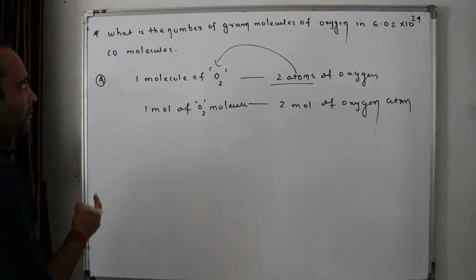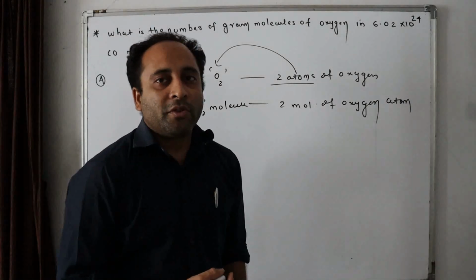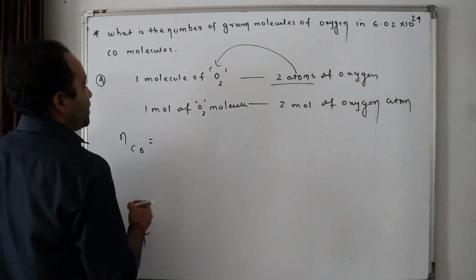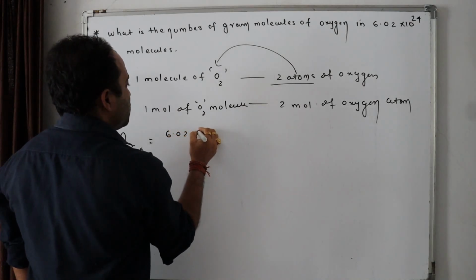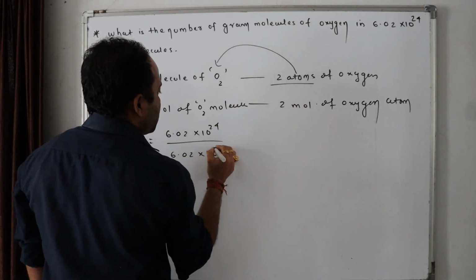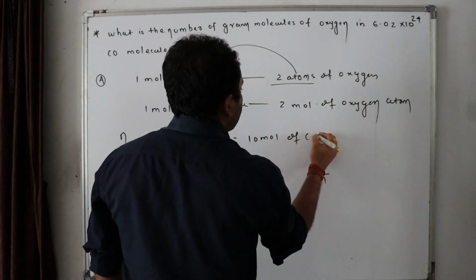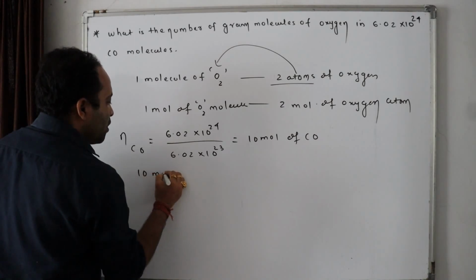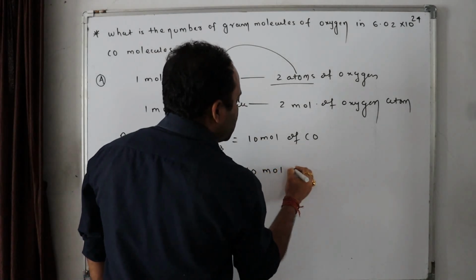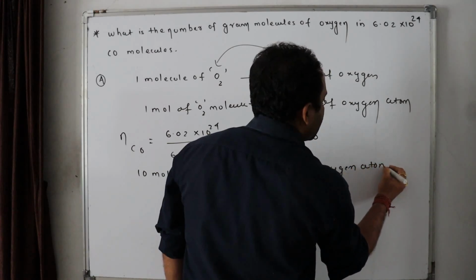As simple as that. Now the question: what is the number of gram molecules of oxygen in 6.02 into 10 to the power 24 CO molecules? Now first, number of moles of CO. How to calculate? It is 6.02 into 10 to the power 24 by 6.02 into 10 to the power 23. It comes how much? 10 moles of CO. Now 10 moles of CO contains 10 moles of oxygen atom, isn't it?